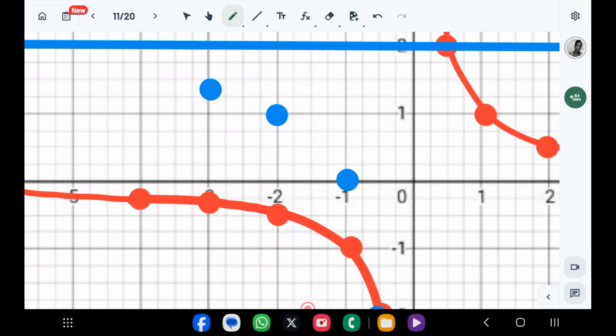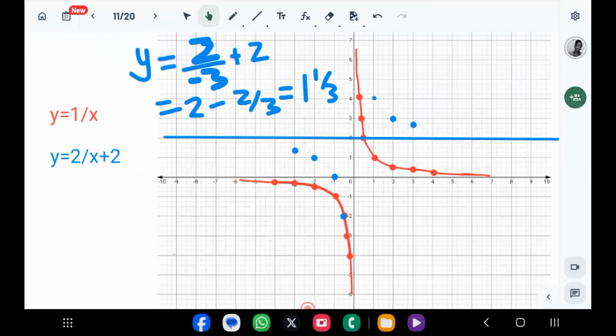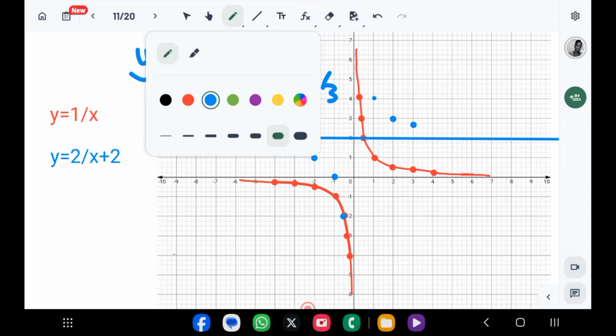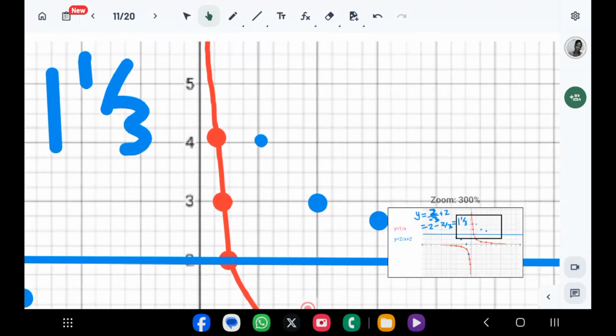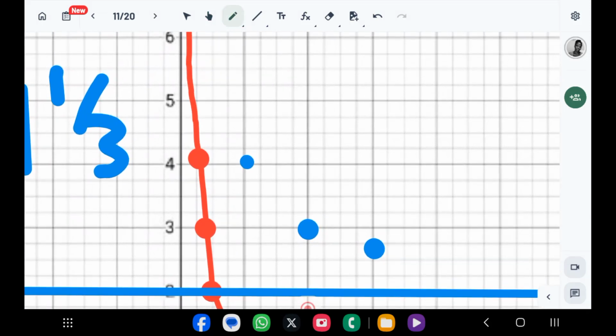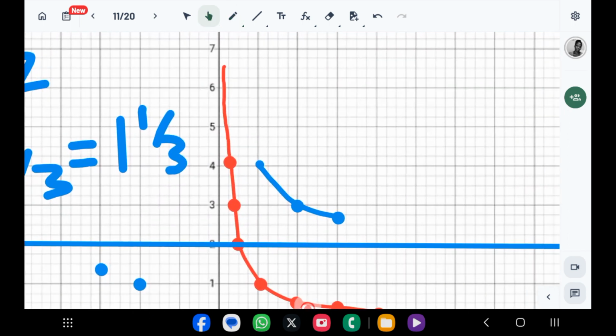All right, now let's connect the points together. It makes it easier when your points are plotted. Let's make this big. We're joining the points. So this one will go right like this, and it will go like this.